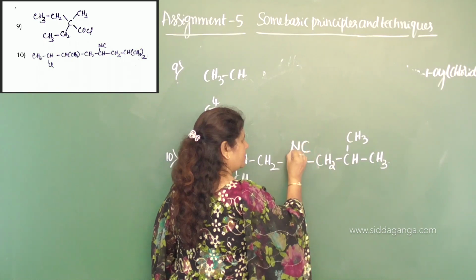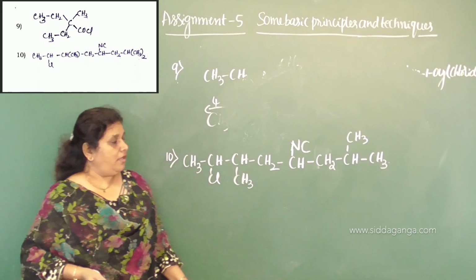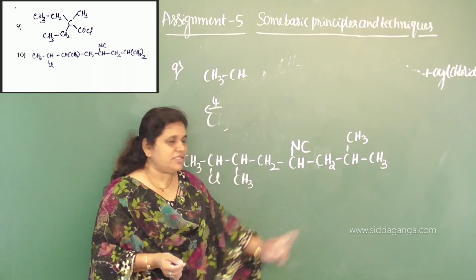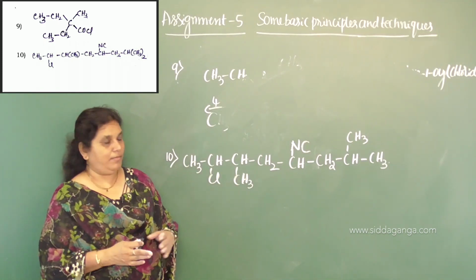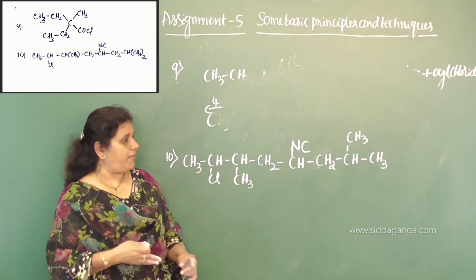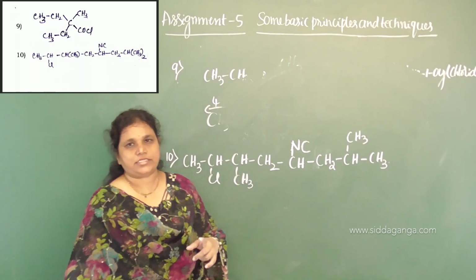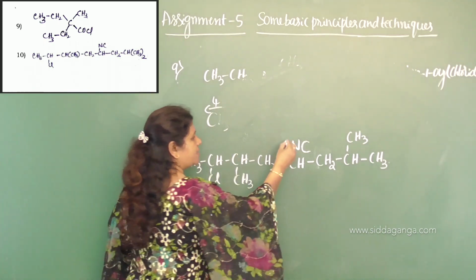Isonitrile. Isonitrile is the functional group, that is NC. If you select the straight chain, you will get NC in the side chain. But you need to select this and consider the carbon atom of the isonitrile or isocyanide group. So now I will select this chain.